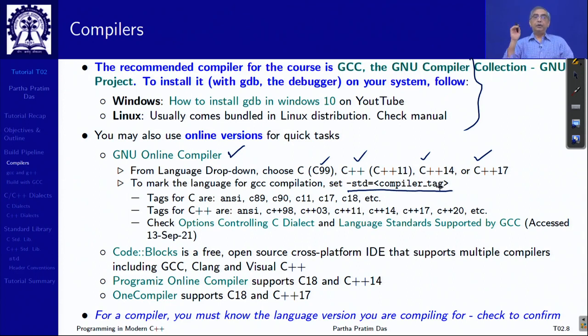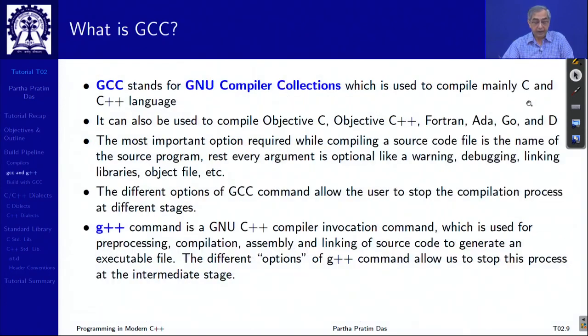We will talk more about selecting which particular version or dialect you want to compile with. Then there are similar online compilers from CodeBlocks, Programiz, OneCompiler and so on. And while you are using the compiler, you must know the version or the dialect of the language you are using.